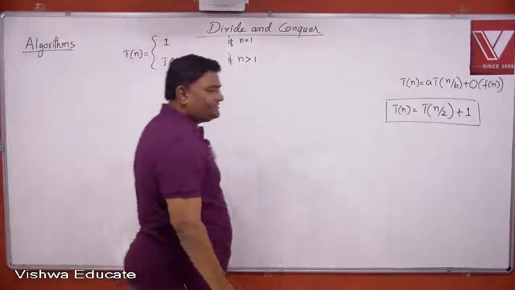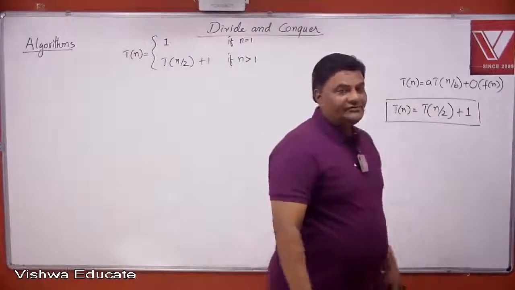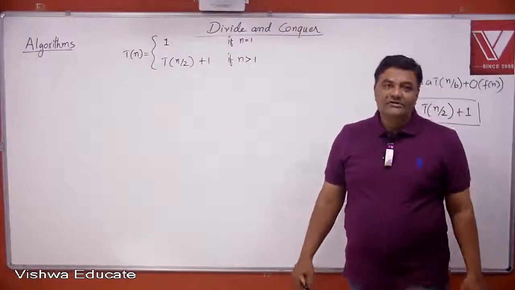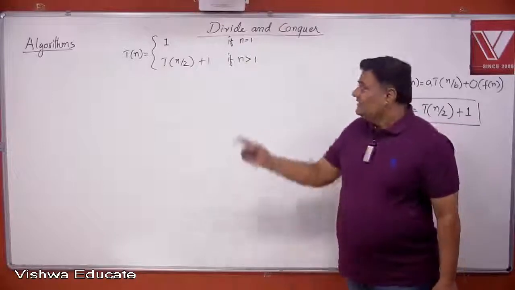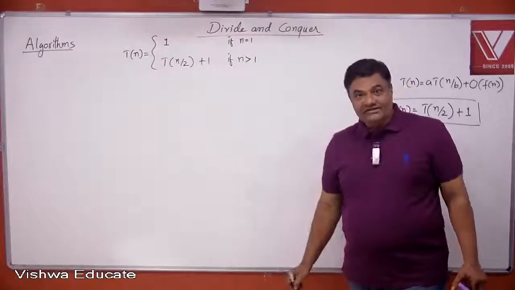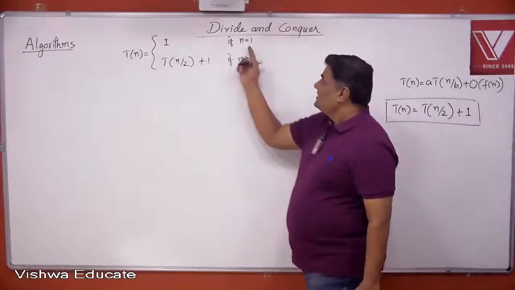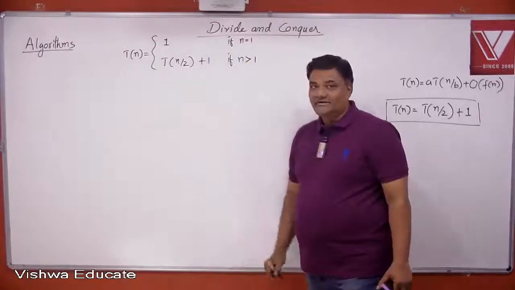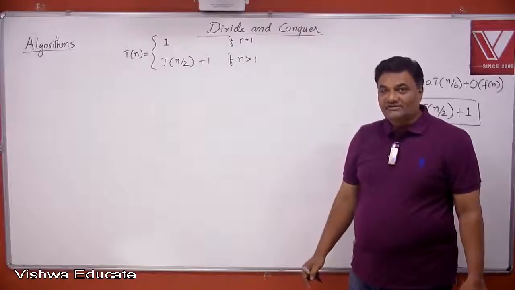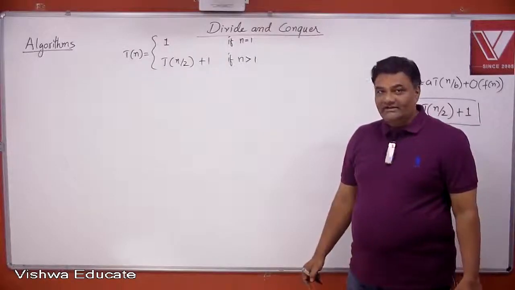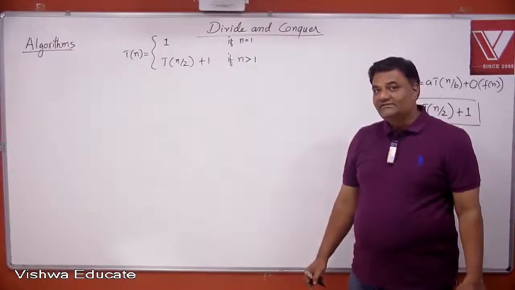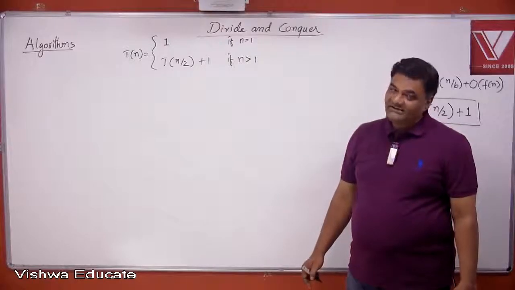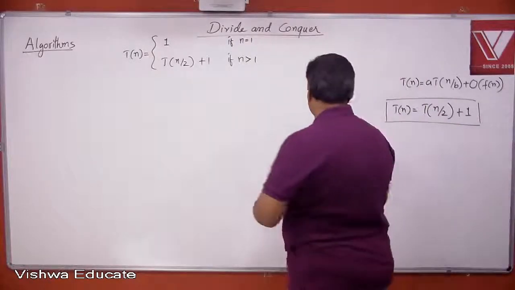Time is constant, 1 means constant. That also we have to write as an asymptotic value. So in the recurrence relation you also have to mention what the time is when n is small and what it is when n is greater than 1.